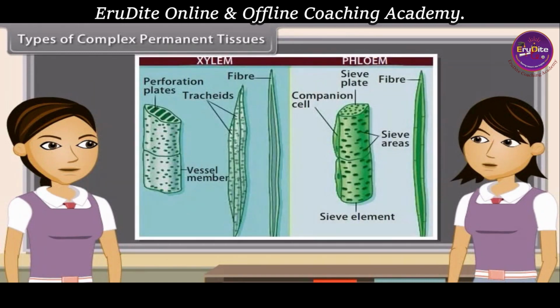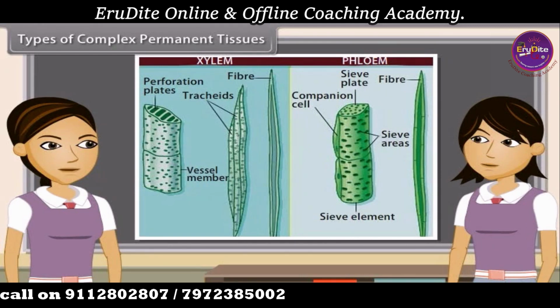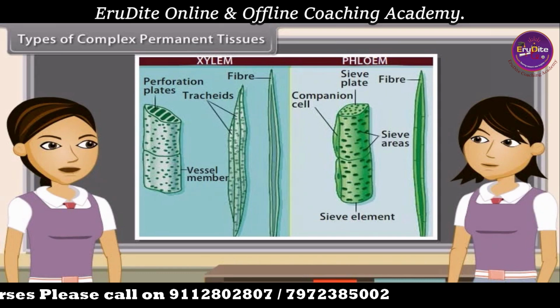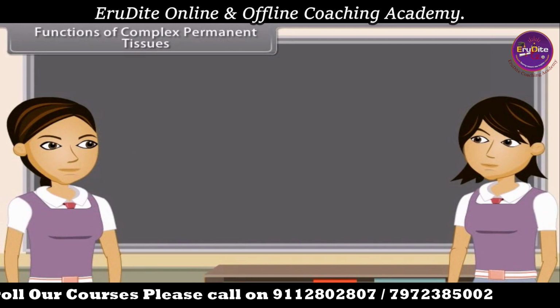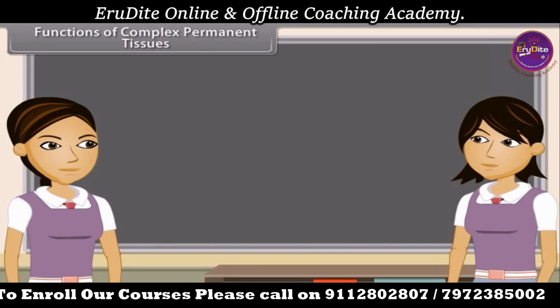Xylem is the supporting and water-conducting tissue of vascular plants, consisting primarily of tracheids and vessels, also called woody tissue. Phloem is the food-conducting tissue of vascular plants, consisting of sieve tubes, fibers, parenchyma, and sclereids, also called bast. Functions of complex permanent tissues.